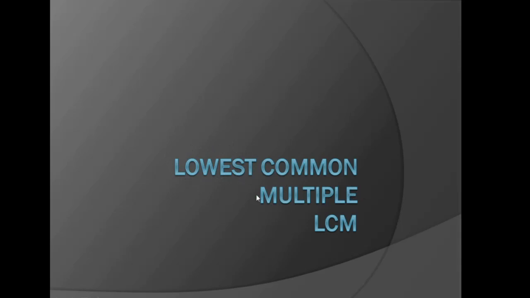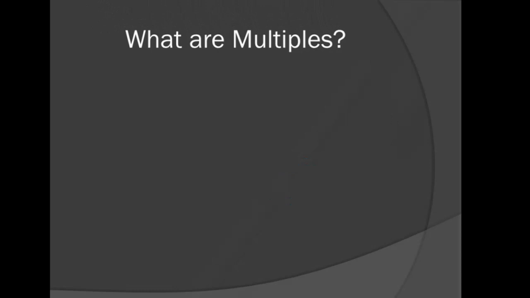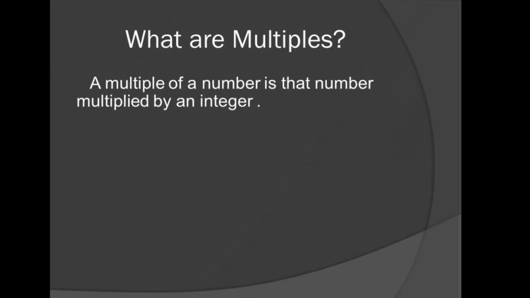Now you people have already done multiples in the earlier classes, but I will give you a brief description of what multiples are. That is simply a reminder for you. A multiple of a number is that number multiplied by any integer.